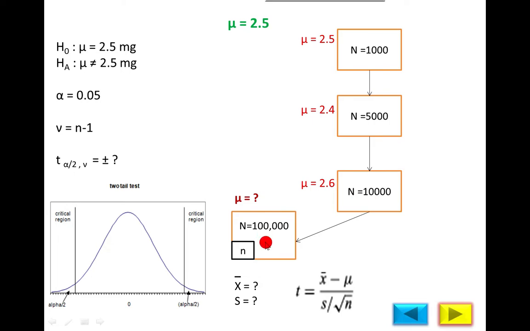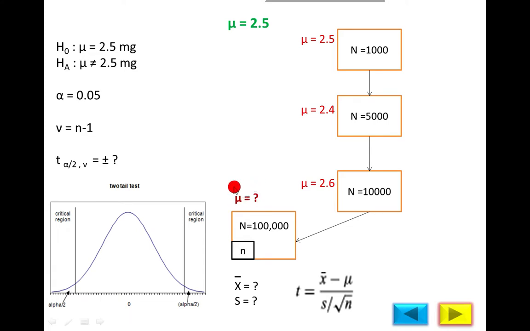So how will you check whether the weight is the same as the standard weight or the standard criteria or not? How will you calculate this population mean?